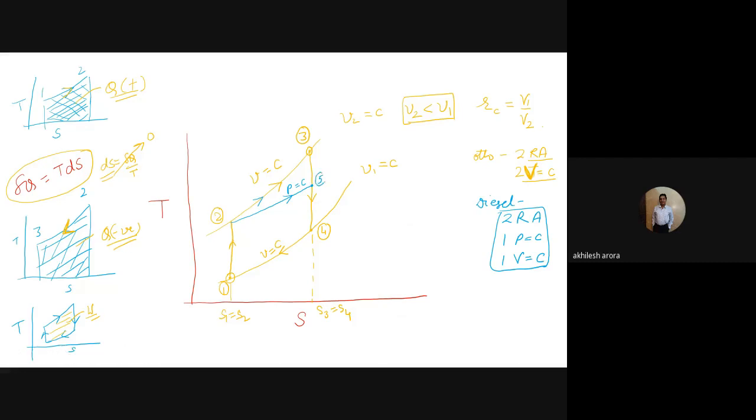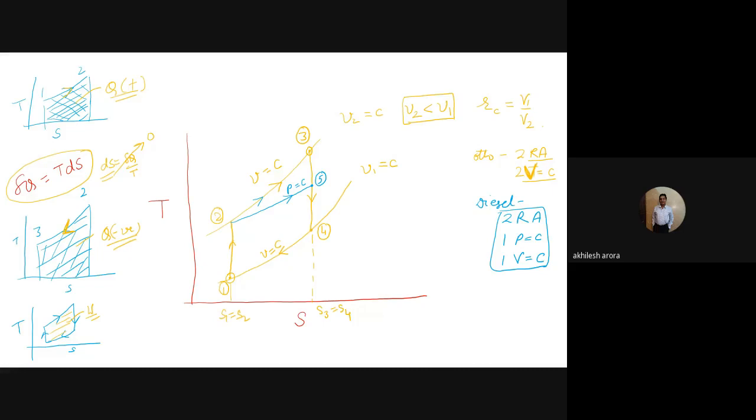Then 5 to 4. Once again it becomes a little bit arbitrary, so you should not be confused about the state points. So from 5 to 4, it is the reversible adiabatic expansion, and during this process the entropy remains constant.